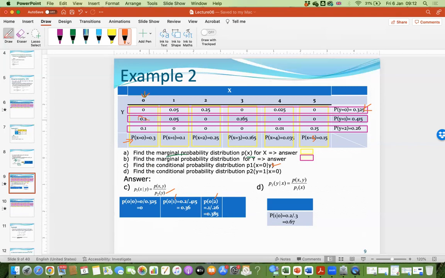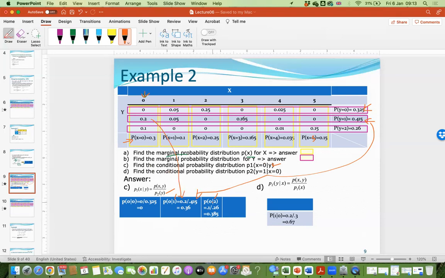Can you see here? 0.2, right? And in this part, I'm looking for marginal py equals to 1, which is 0.415 over here. And therefore, I use this and put it here. And this one is here.